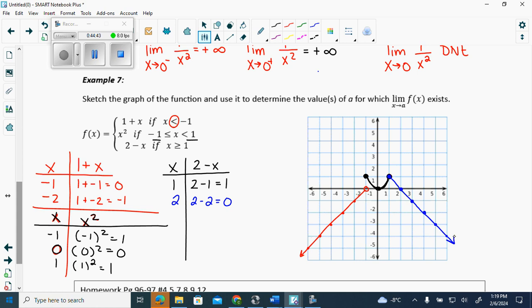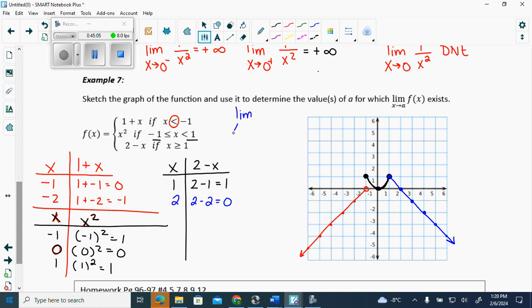So this one is asking for what values of a does this graph have a limit? Does the limit at that value exist? Not from the left, not from the right, at that value. So, if I look at -1, does the limit as x approaches -1 exist? Let's talk about it.